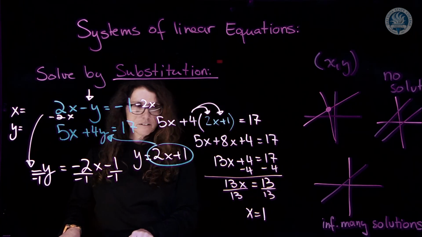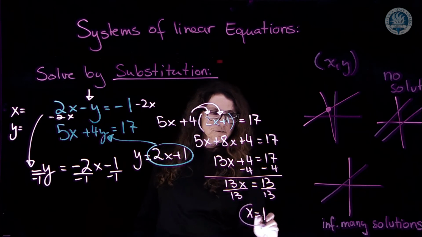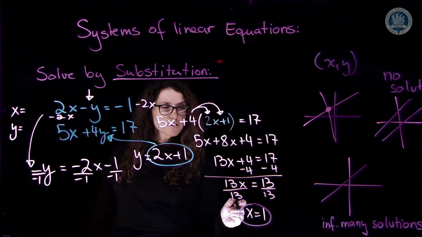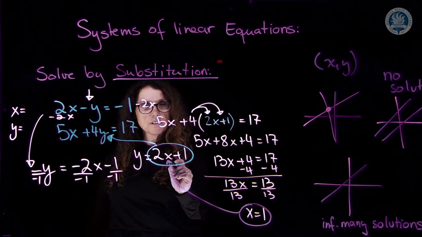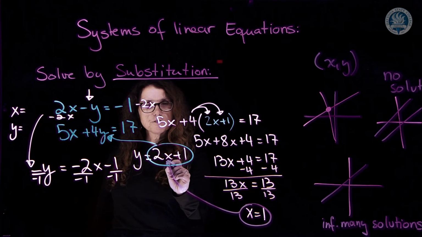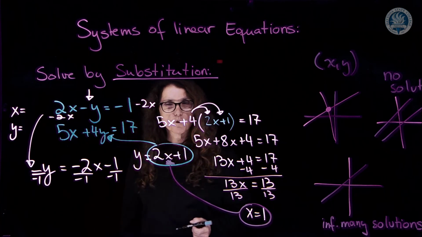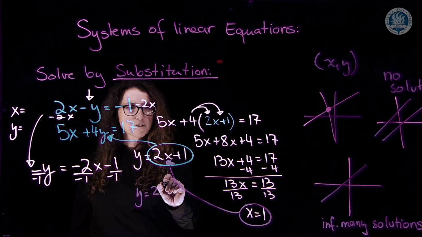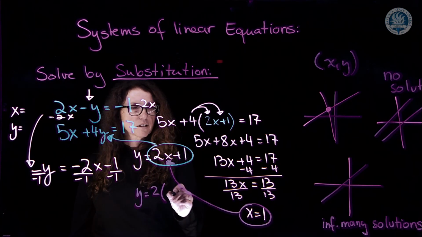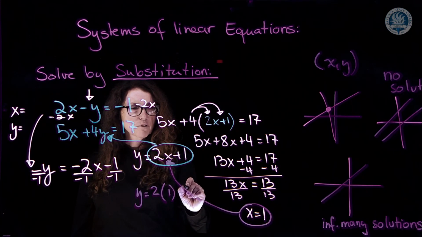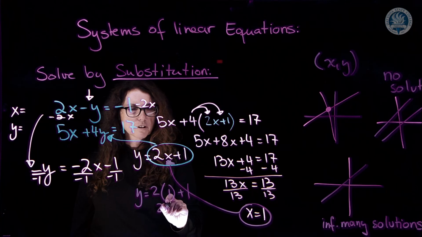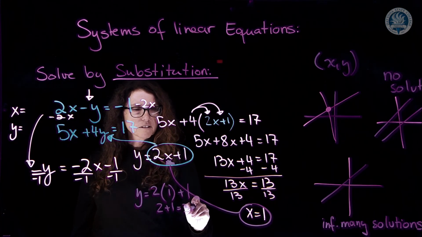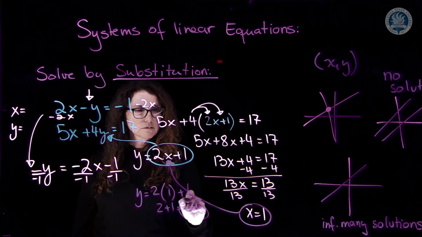How do we do that? We're going to substitute x equals 1 into the equation that you have solved for y. That makes it easier. y equals 2 times x, x is 1, plus 1. 2 plus 1 is indeed 3. y is equal to 3.